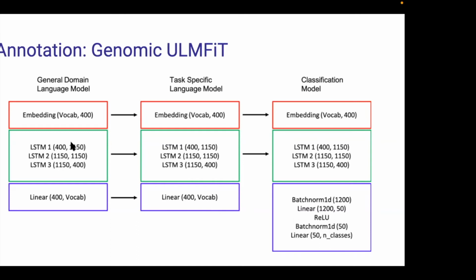I suppose I should have given the general structure first: we have the embedding, the encoder, and the attention head. We go through the general domain training, then the task-specific language model training, and finally the classification model training. I apologize for that roundabout explanation.